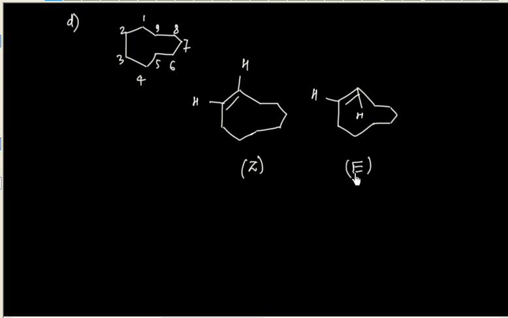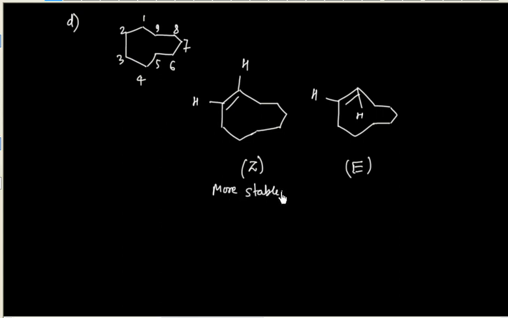Now you see in this case geometry does not permit this kind of structure. This means this is less stable and this is more stable. And this is basically possible if the ring size is small. The cis isomer is more stable.